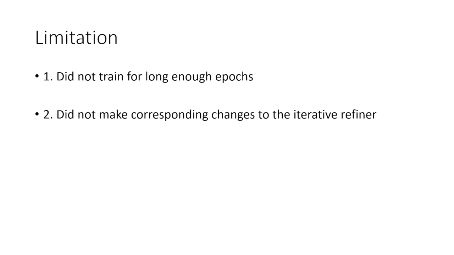If we want to see a better performance from our revised network, we also need to adaptively revise the refiner network so it can make use of the additional global feature. This is one thing we should try in the future, and this is also one of the limitations of our revised DenseFusion network.